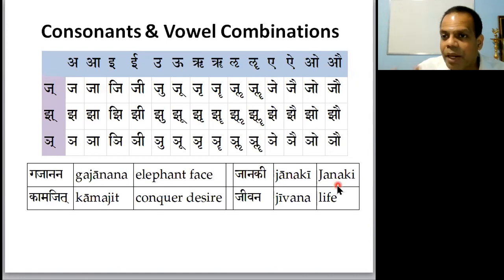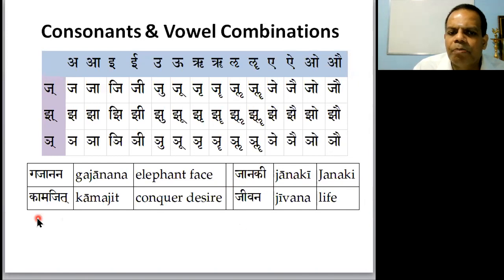So that practice is there in Sanskrit. You take the parent's name and the first letter is elongated, and that becomes the child's name. So that's a convention, and there's a rule associated with that, but I just want you to be familiar with it. Janaki.